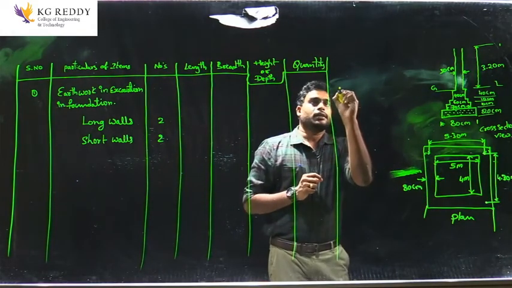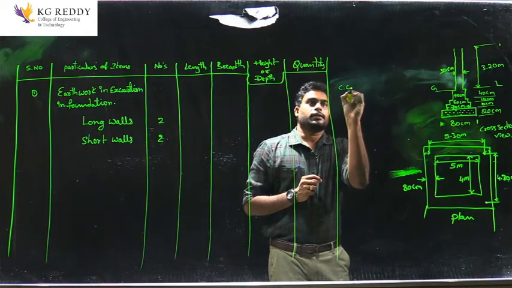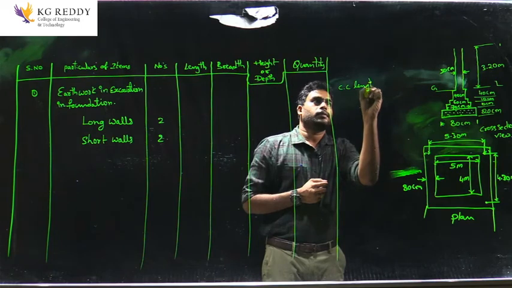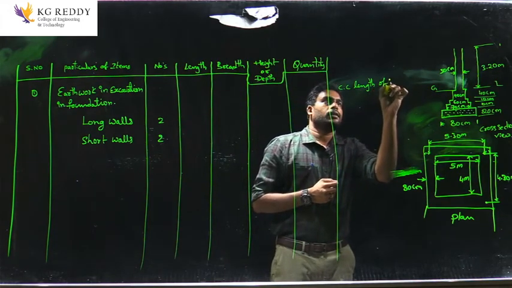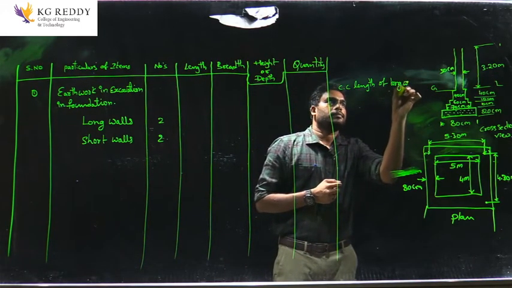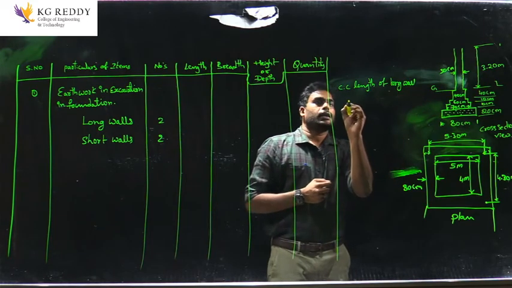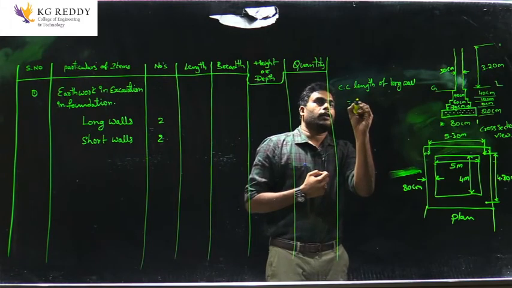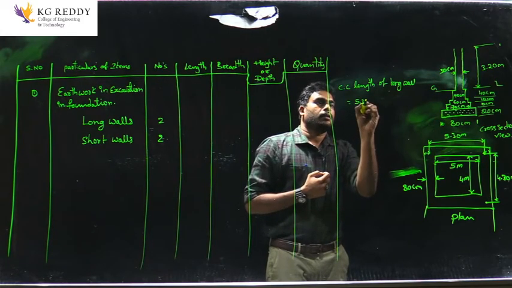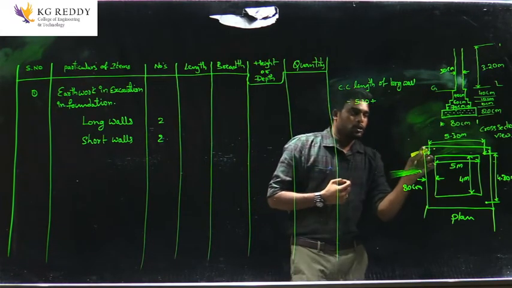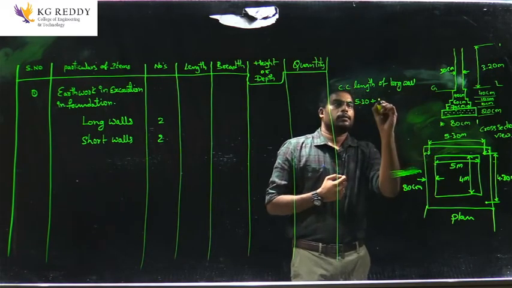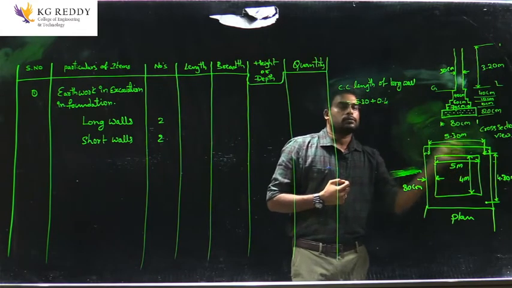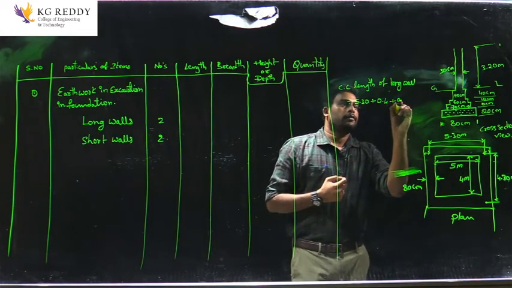So the center to center, I will write CC, the center to center length of the long wall. So how will we find it? The center to center length of the long wall is 5.3, plus this portion is 0.4, and again this portion is also 0.4.